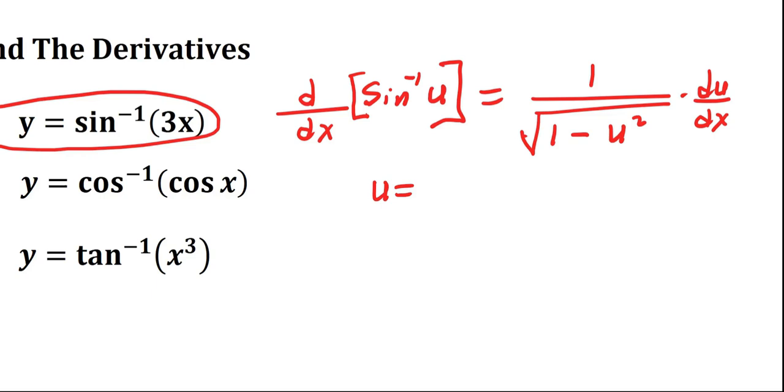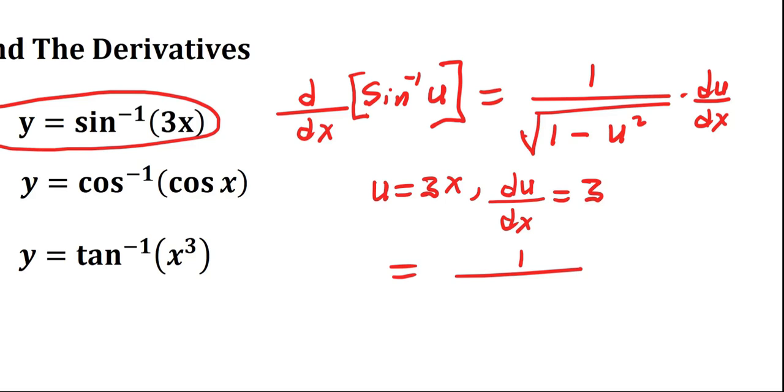is equal to 3x, and the derivative of u, du/dx, is equal to 3. So this will be equal to 1 over the square root of 1 minus (3x) squared, times 3.